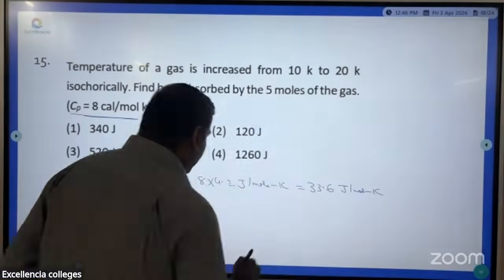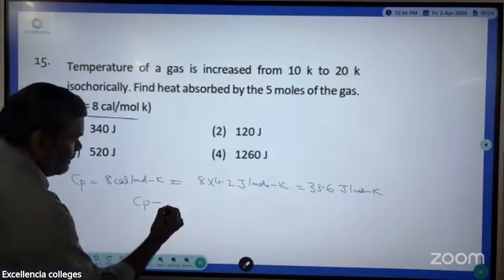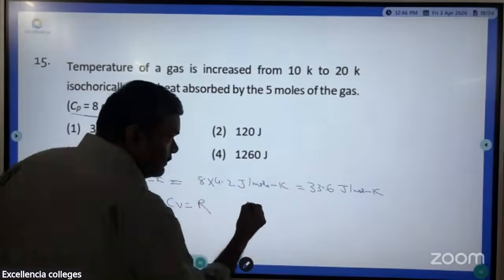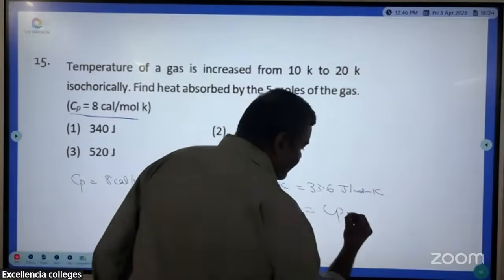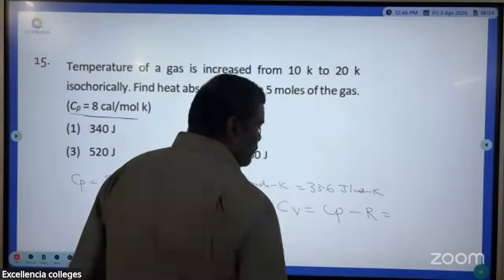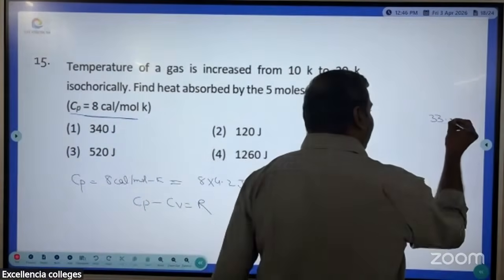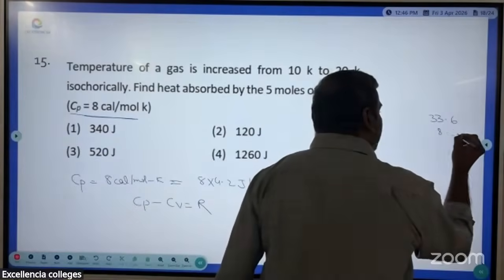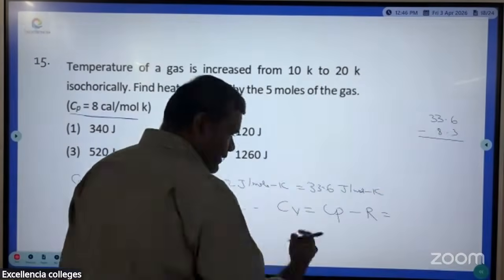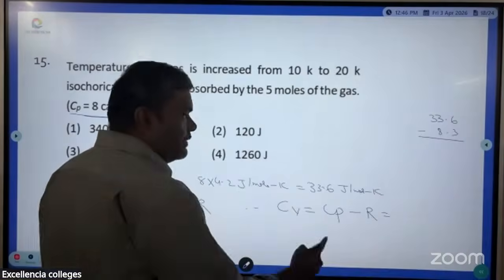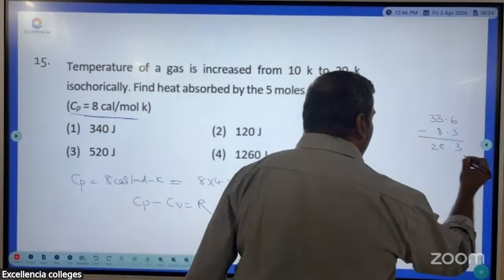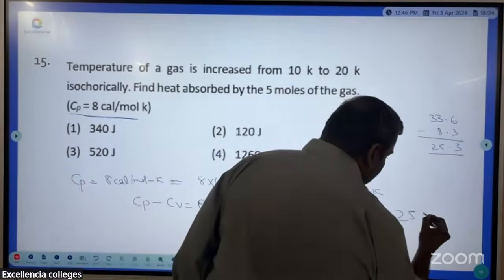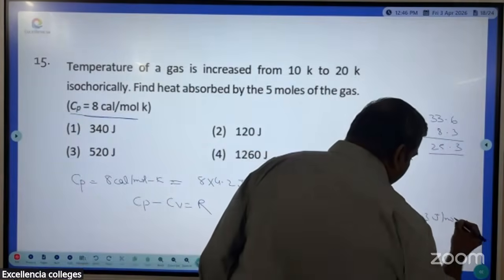This is Cp. According to Mayer's formula, Cp minus Cv is equal to R. So Cv is going to become Cp minus R, which is 33.6 minus 8.3, the difference will come 25.3 joules per mole per Kelvin.